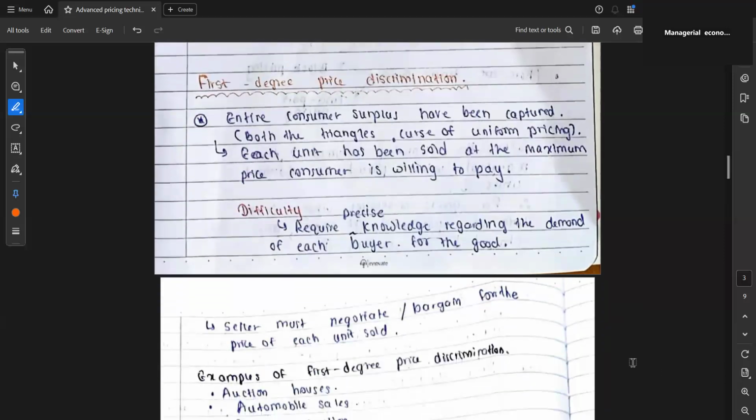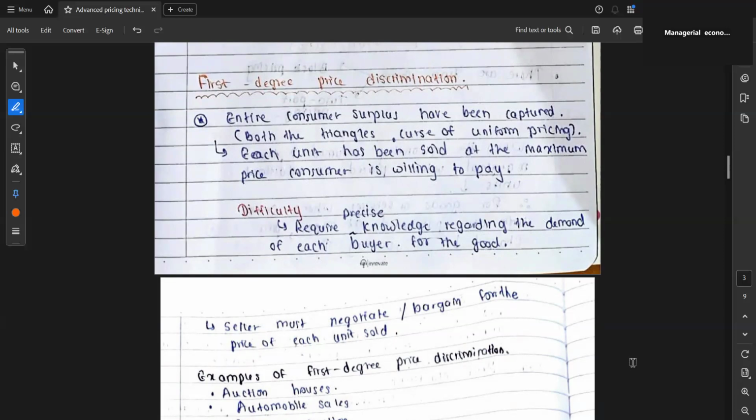There are three degrees of price discrimination. We have the first degree price discrimination, second degree price discrimination, and the third degree price discrimination. First degree price discrimination is if the firm is able to sell each unit at the maximum price the consumer is willing to pay.